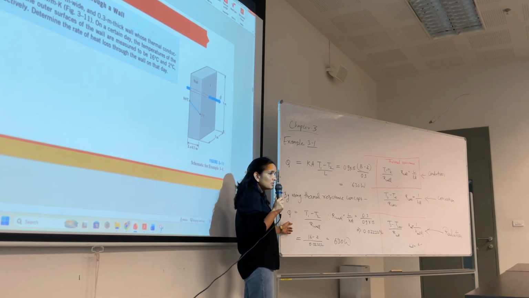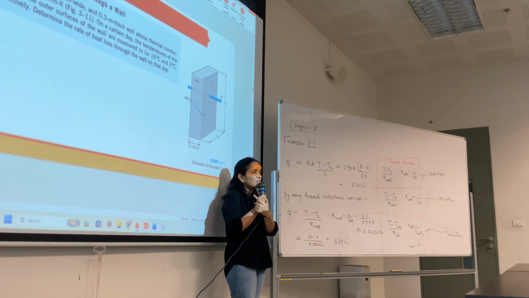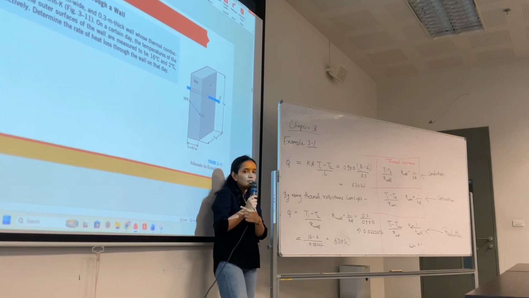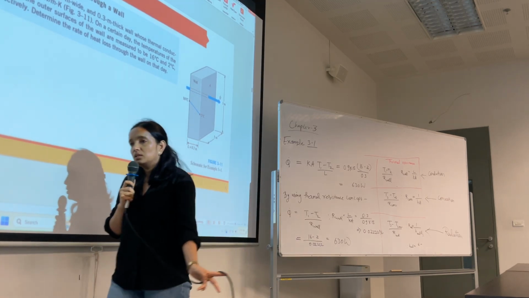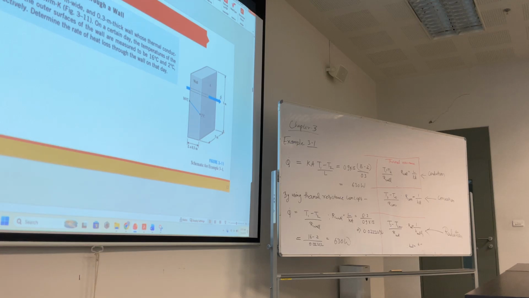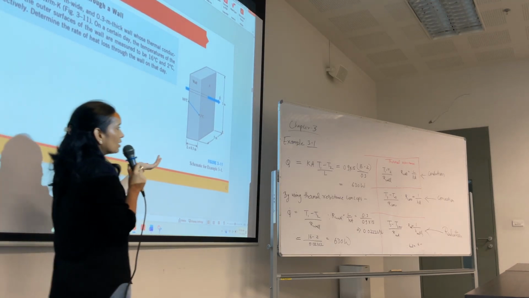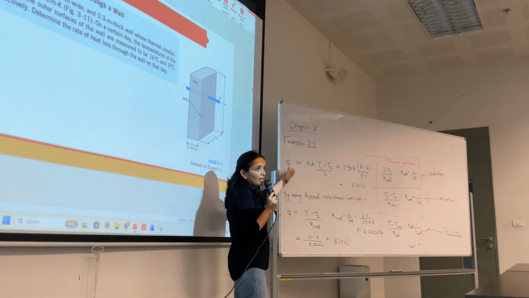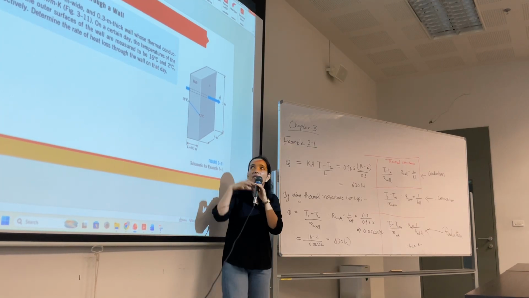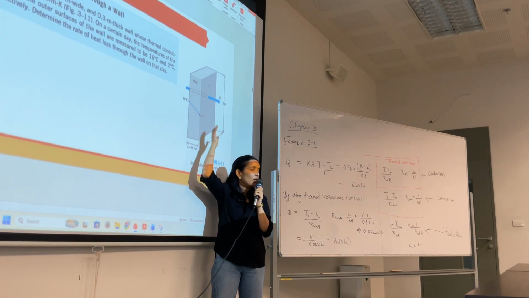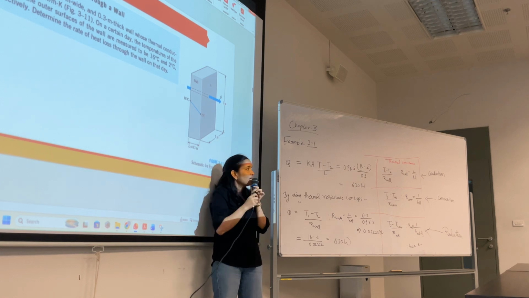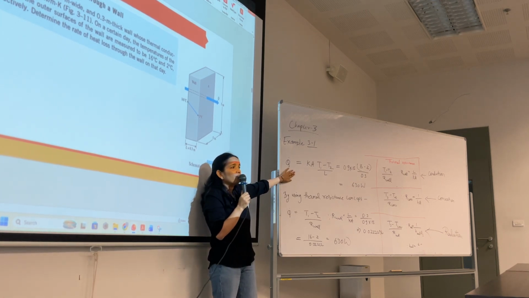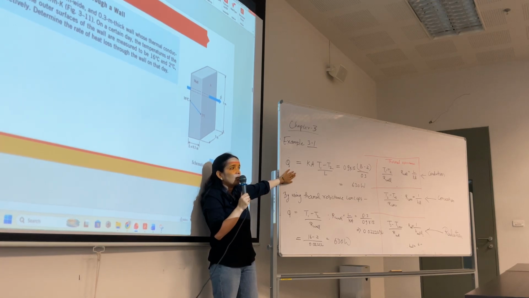You use this when the operation is steady state. Right now, even with the first method, it's easy. But if you have layers of walls, one layer, two layers, three layers, then using that formula becomes very difficult, and solving the numerical by that method becomes very difficult.